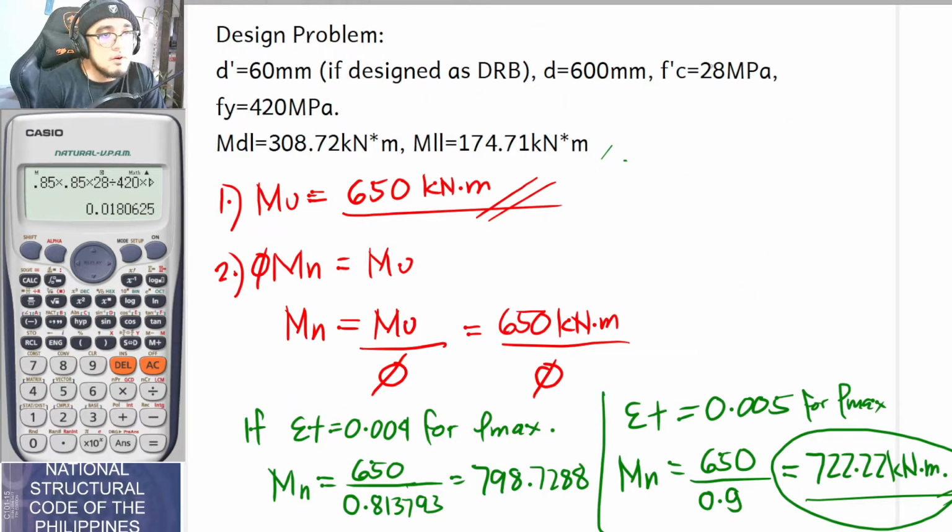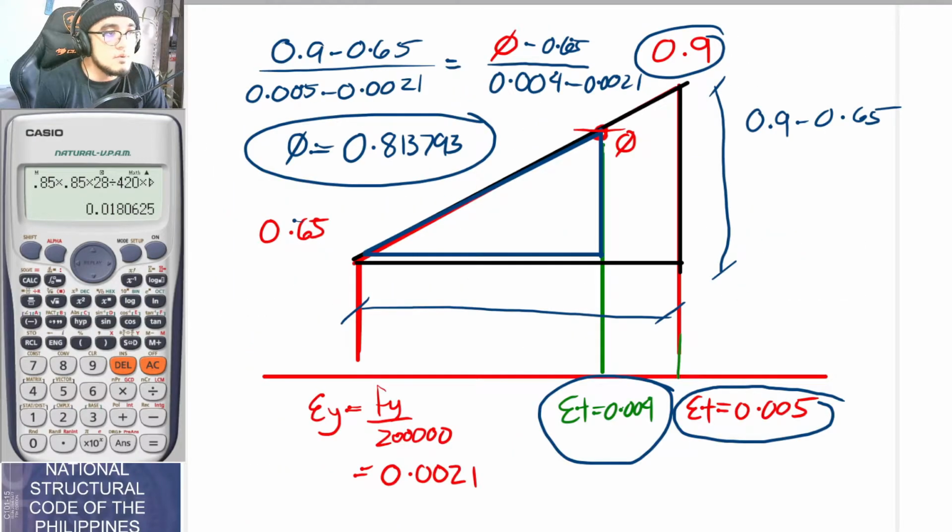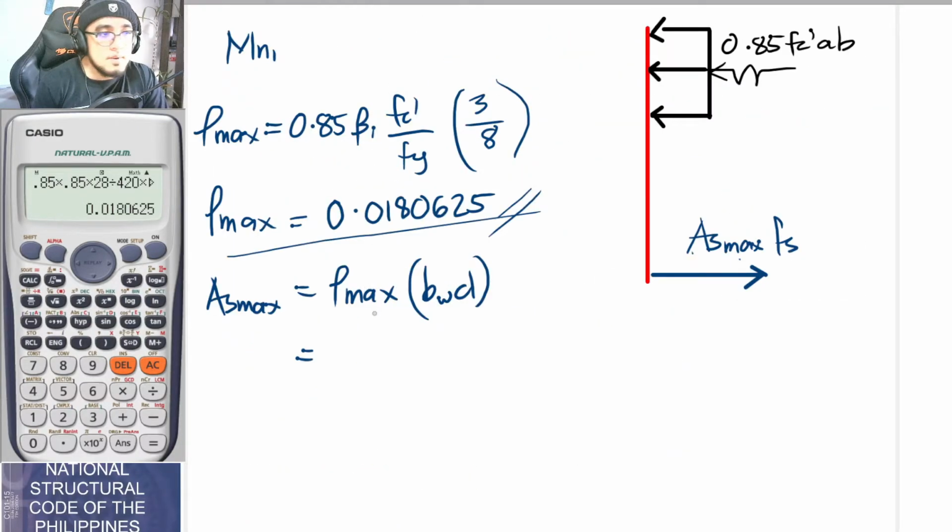Our bw and d are as follows. I forgot to include a beam width here, so let us add bw equal to 300 mm. Let us use this as our trial section. Moving forward, rho max times bw d: that is 300 times depth, and the effective depth here is 600.